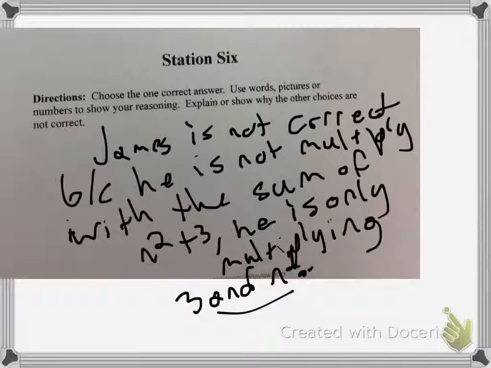He just multiplies n squared and 3. So if it says multiply by the sum, you have to add before you can multiply. And that's what James does not do.